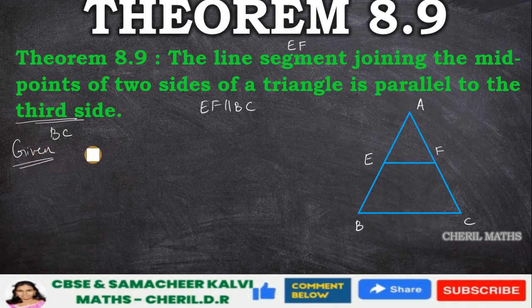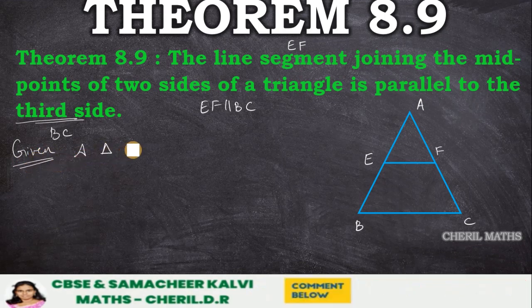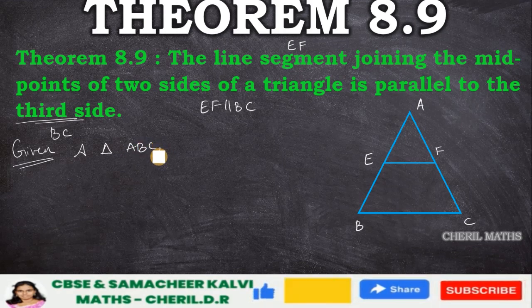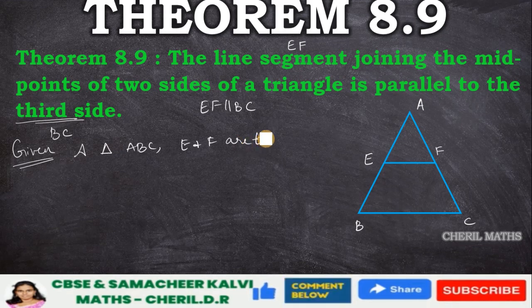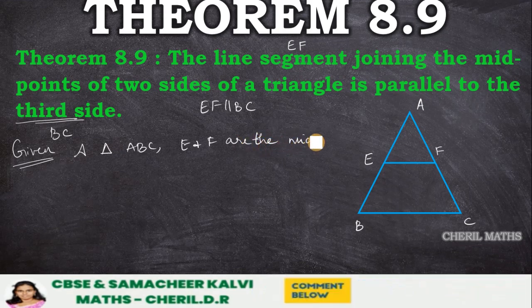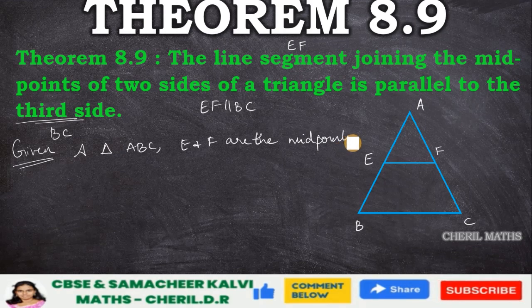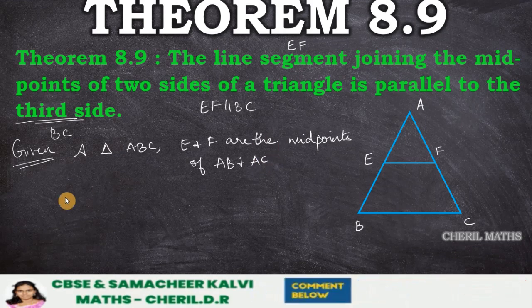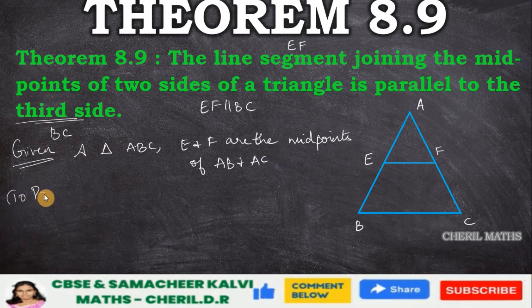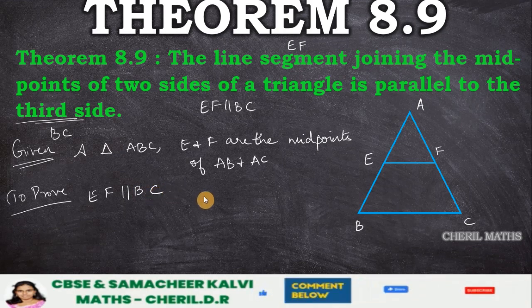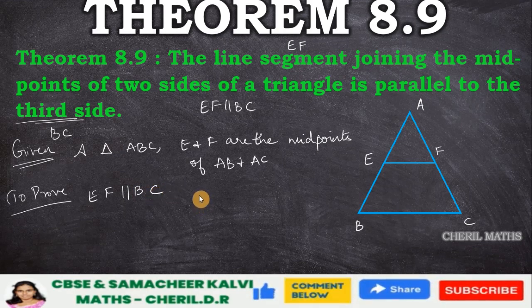We are given that we have a triangle ABC, and we are given that E and F are the midpoints of AB and AC. So all these are given, and we are asked to prove that EF is parallel to BC. So this is what we need to prove.